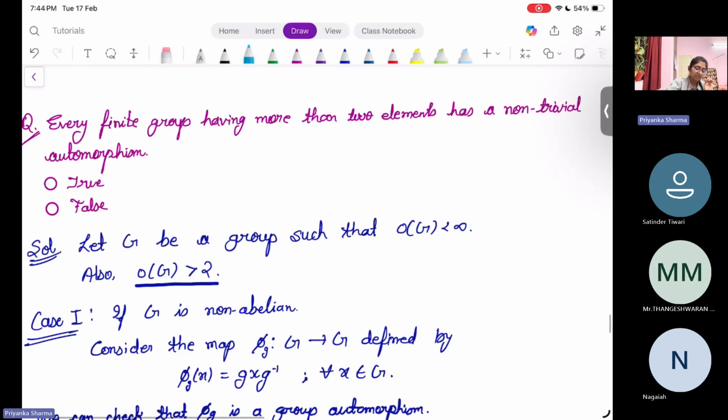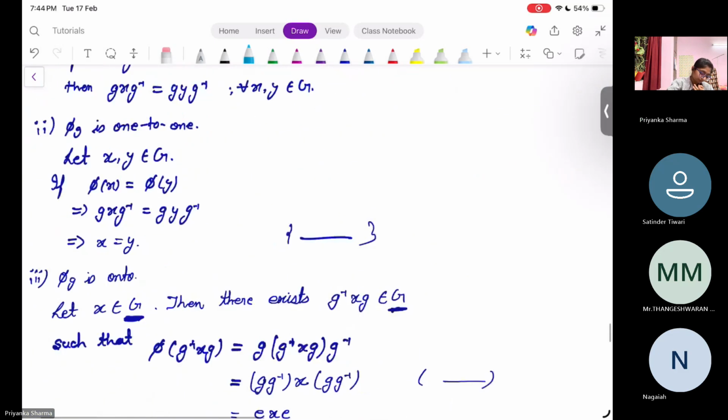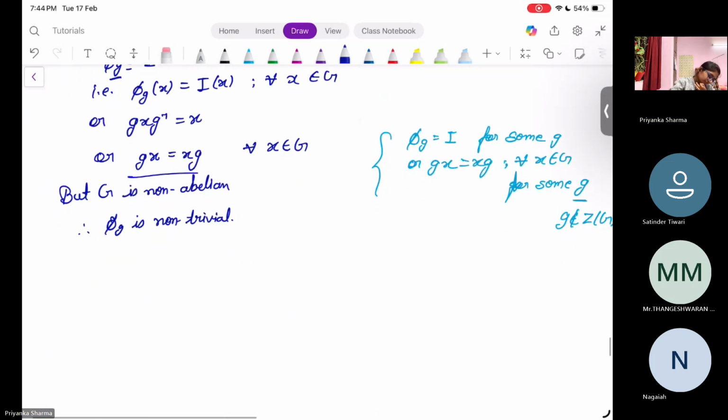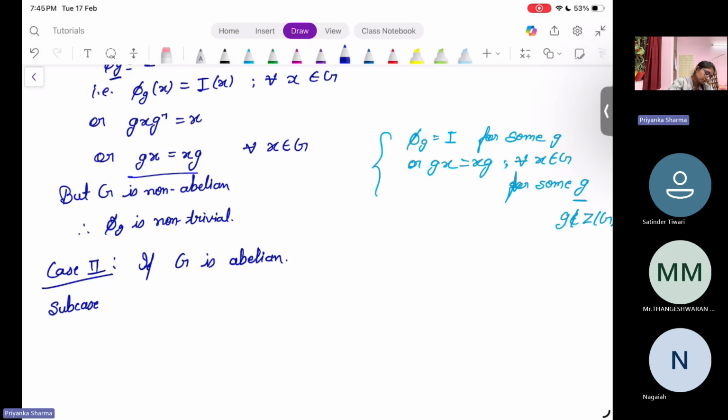Now, what if G is an abelian group? So second case, if G is abelian. There can be subcases also. So say subcase 1.